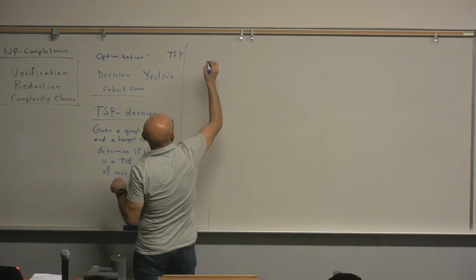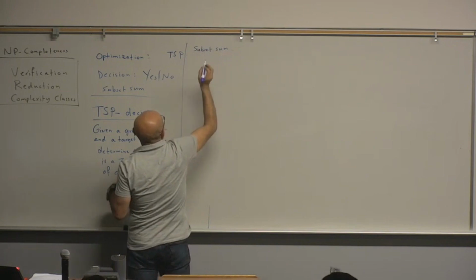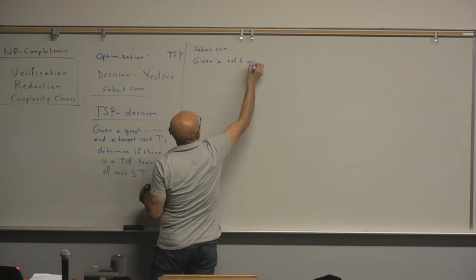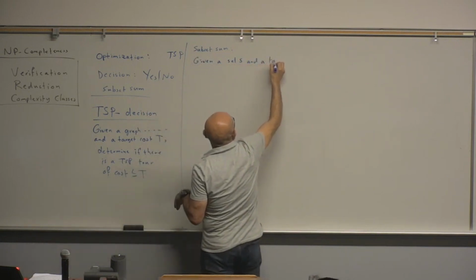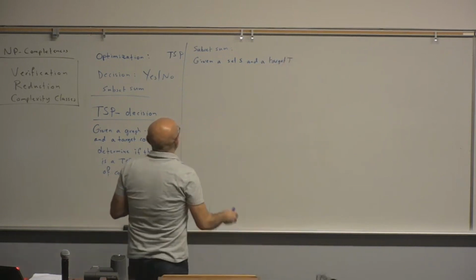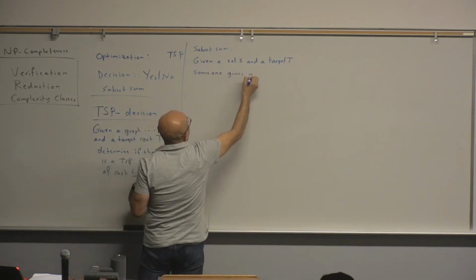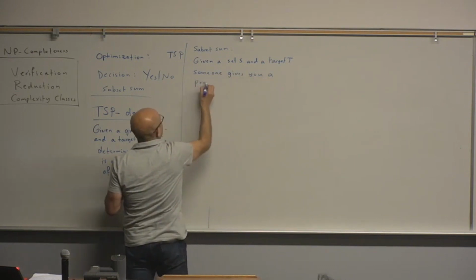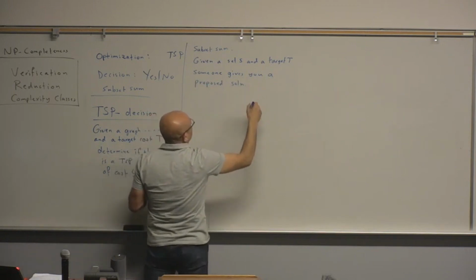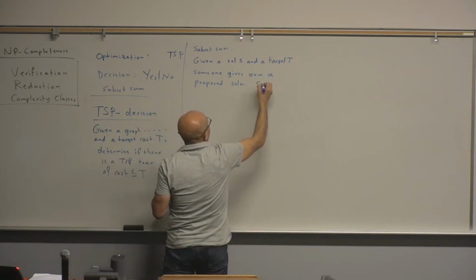So for the subset sum, given a set S and a target T, someone gives you a proposed solution, let's call it S prime.